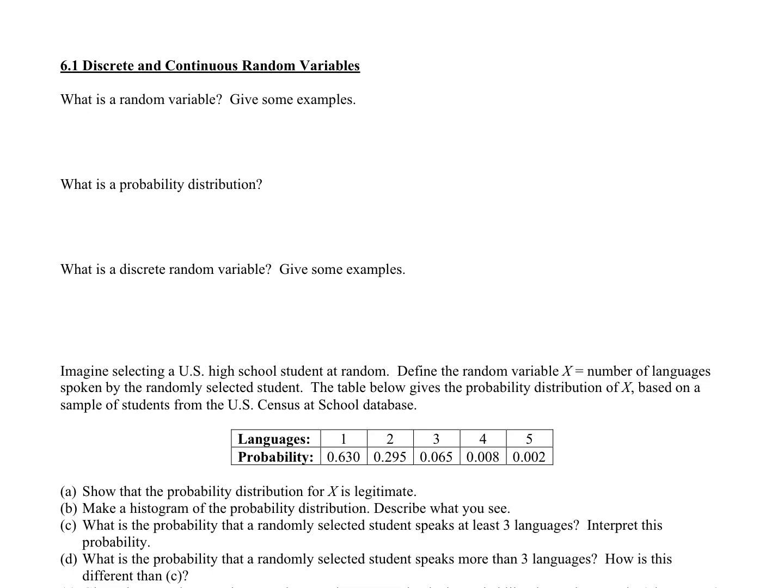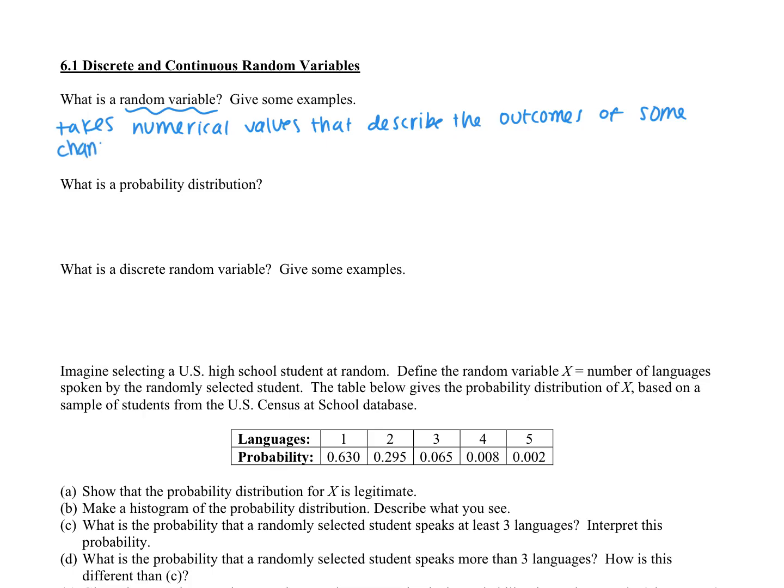Okay, starting out with, what is a random variable? A random variable takes numerical values that describe the outcomes of some chance process.